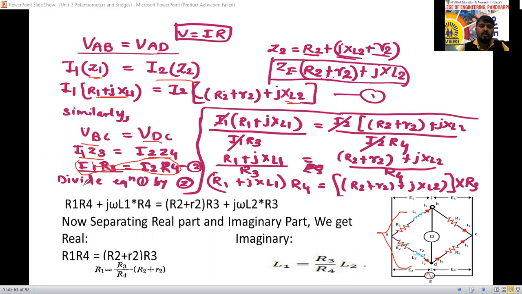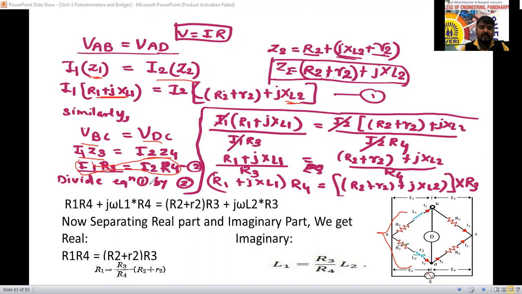Now what you do, divide equation 1 by equation 2. Equation number 1: I1 open bracket R1 plus jXL1 close bracket equal to I2 open bracket R2 plus jXL2 close bracket.